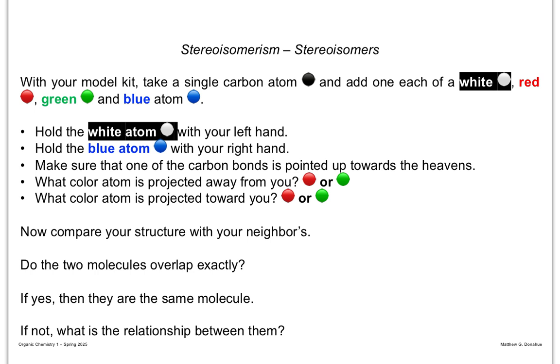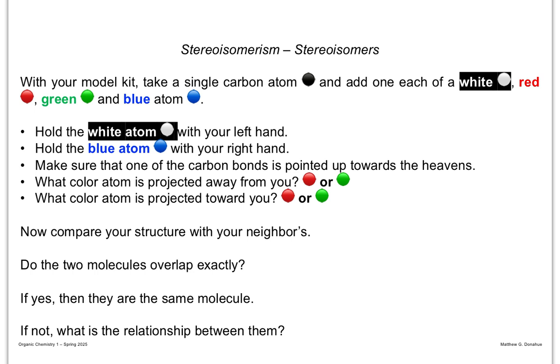Now if I overlap the yellows and the blues, so I don't have two left hands, but I'm holding those two the same. Notice the relationship between these. The spatial arrangement's different. So I can overlap the yellow and the blue, but I can't get overlap between the red and green.